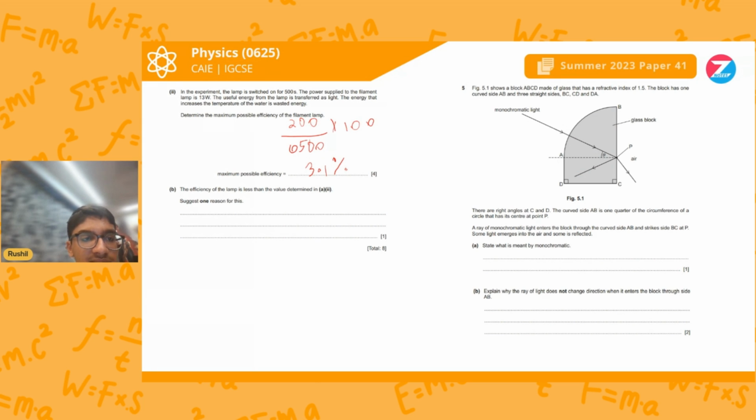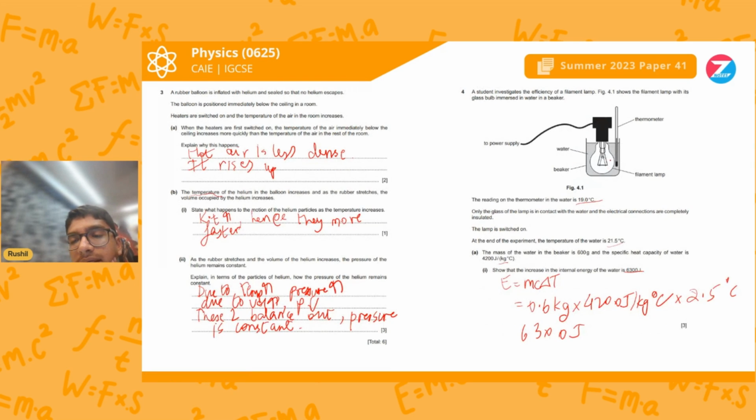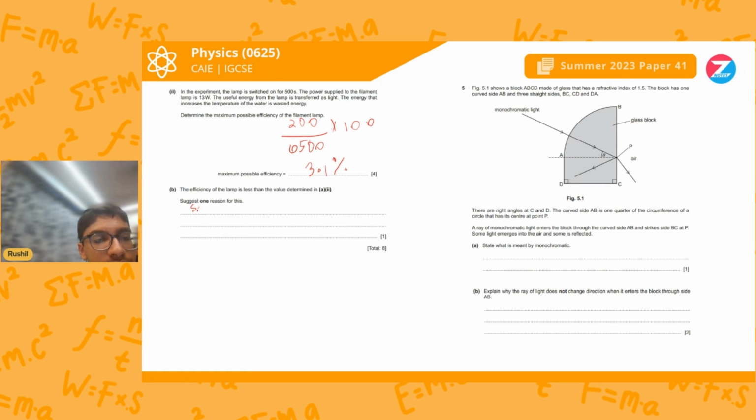Now, the next part says that the efficiency of the lamp is less than the value determined in A2. Give just one reason for this. Well, there are many possible reasons. Basically, they all deal with the fact that in this diagram, the heat energy that the lamp transfers to the water can then transfer to the beaker by conduction, to the surrounding air by radiation, etc. Hence, we can write that some energy is also transferred to the beaker.